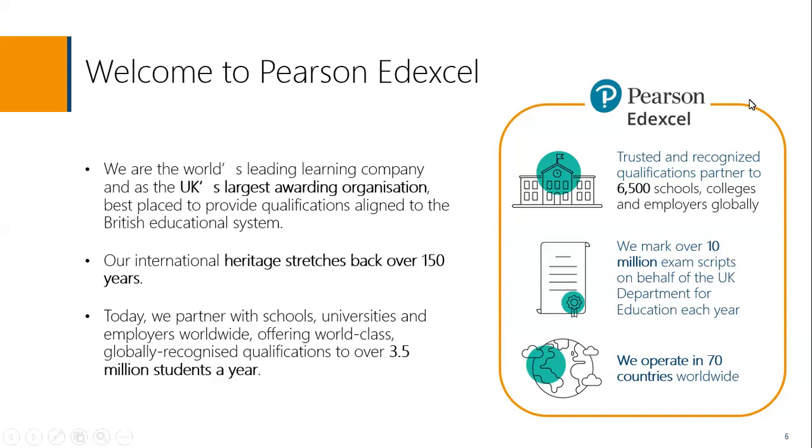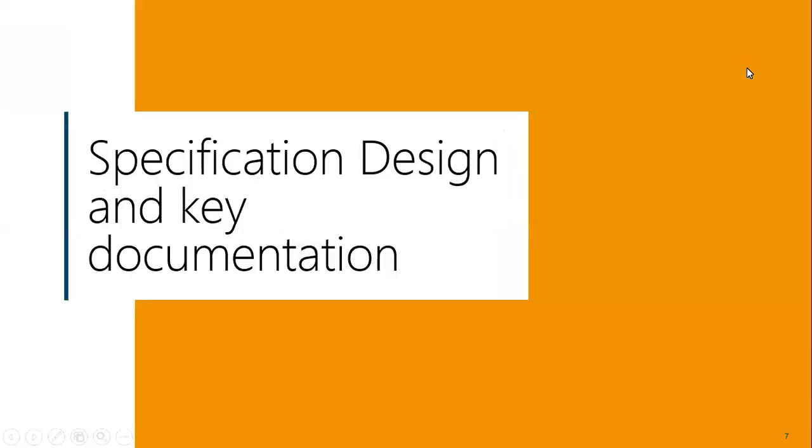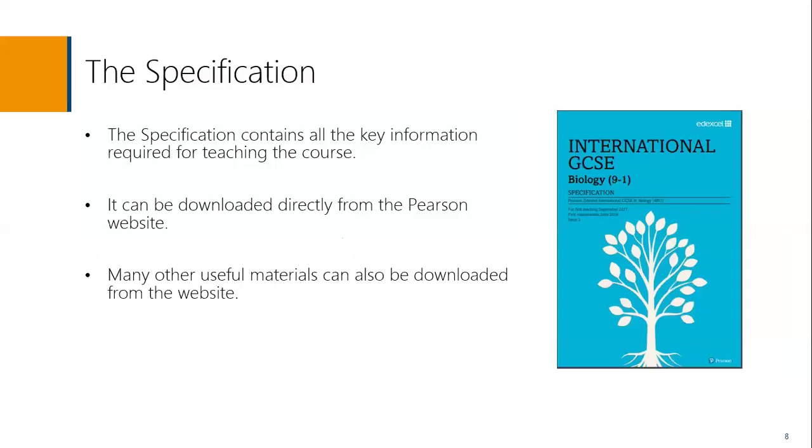Now, the first thing that we're going to look at is the specification design and key documentation. It's very important that you refer to the specification. It contains all the key information required for teaching the course. It can be downloaded directly from the Pearson website, where you will also find many other useful materials.